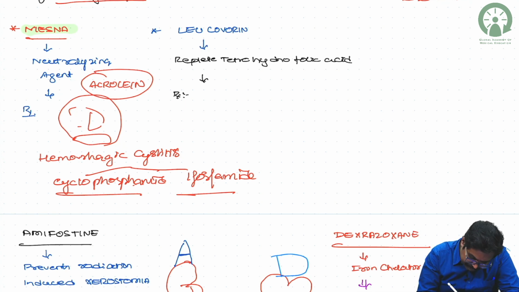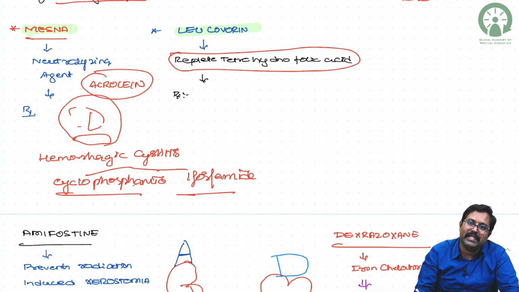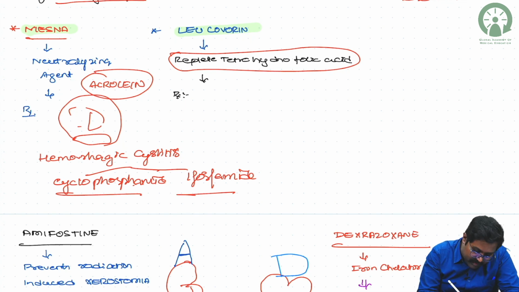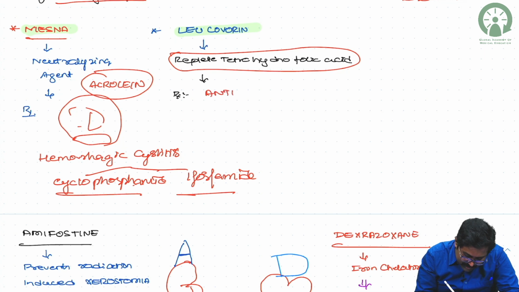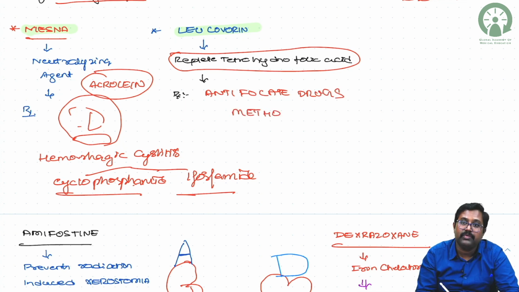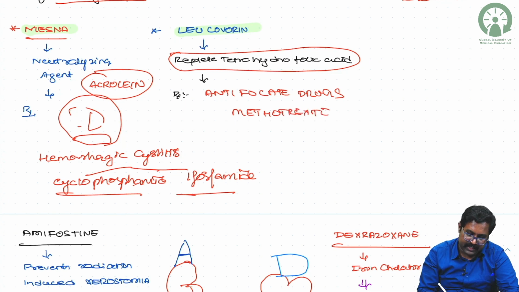Next, we have leucovorin, which helps in replenishing the tetrahydrofolic acid. Where do you want to use leucovorin? In case of usage of anti-folate drugs, especially methotrexate.